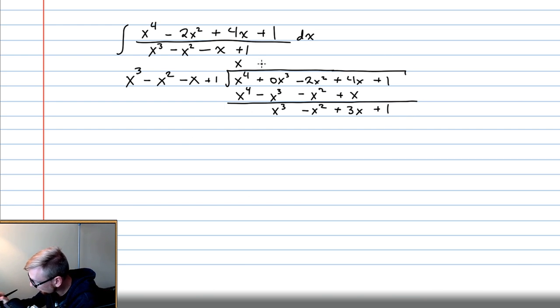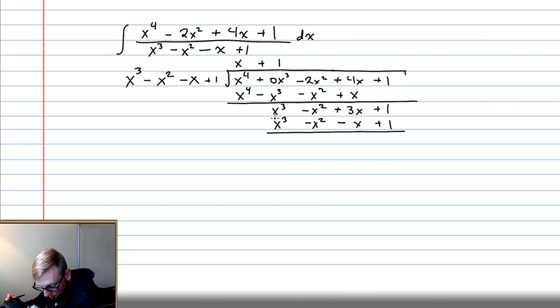And now we will add 1, because 1 times x cubed gives us x cubed. And then we've got a minus x squared. And we've got a minus x. And a plus 1, right?